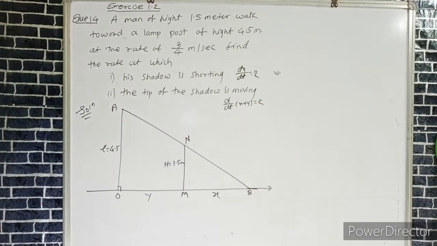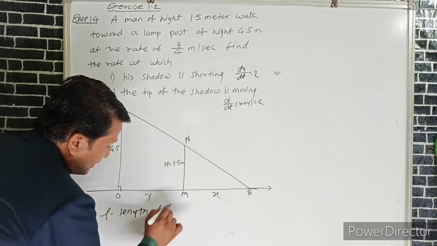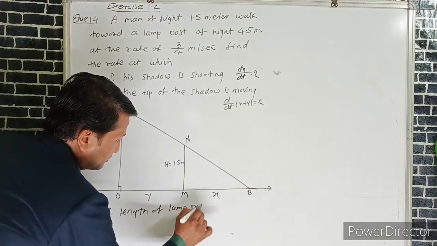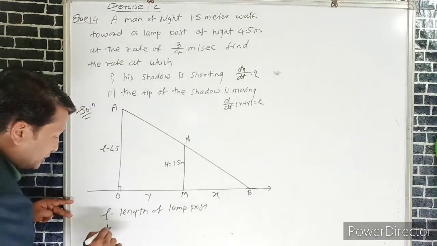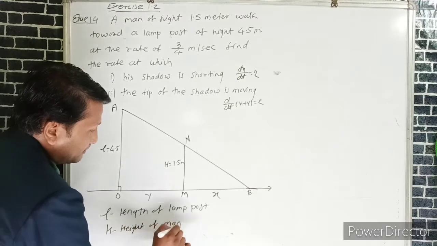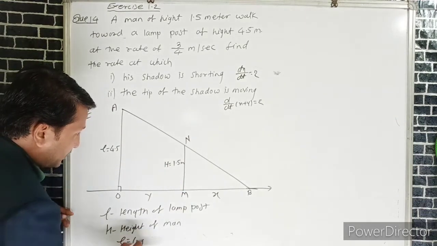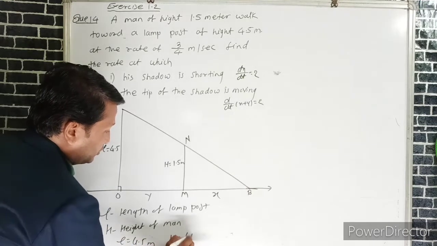So first we write L be the length of the lamp post, H be the height of the man. L is given, L is equal to 4.5 meter, H is equal to 1.5 meter.